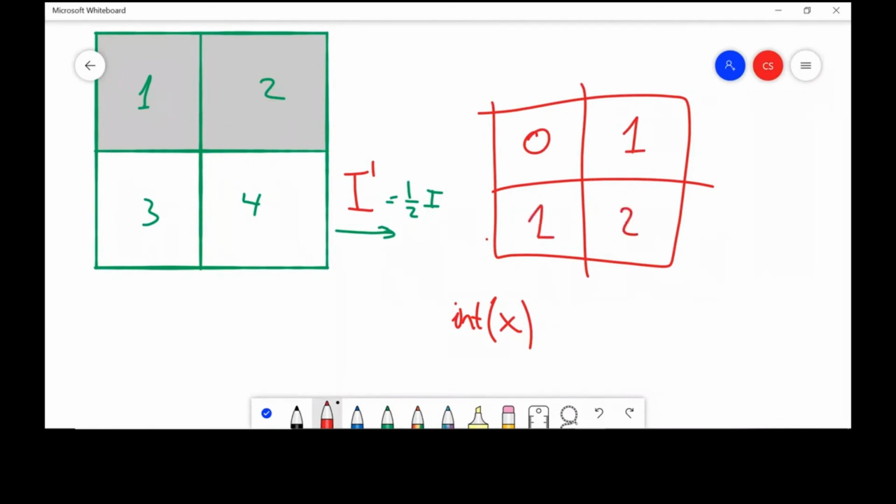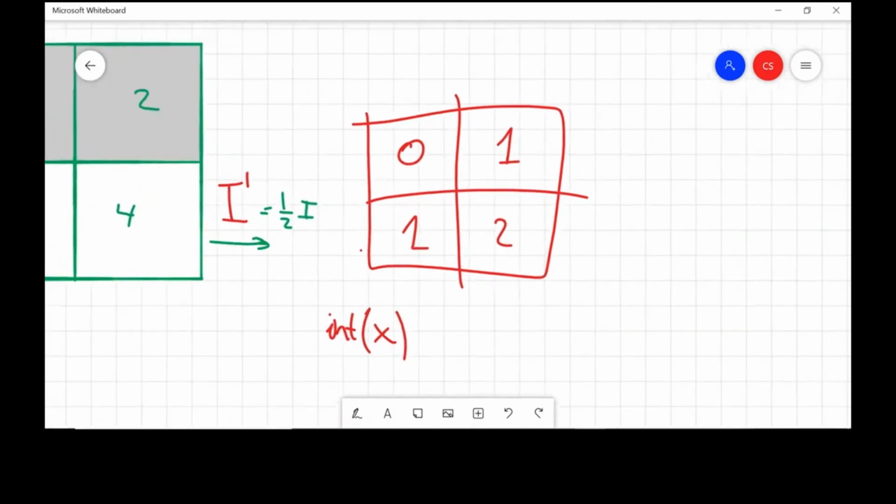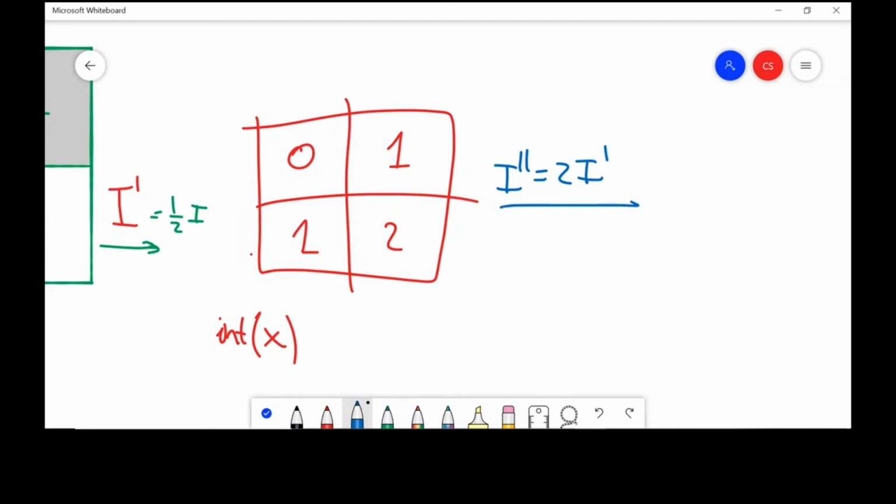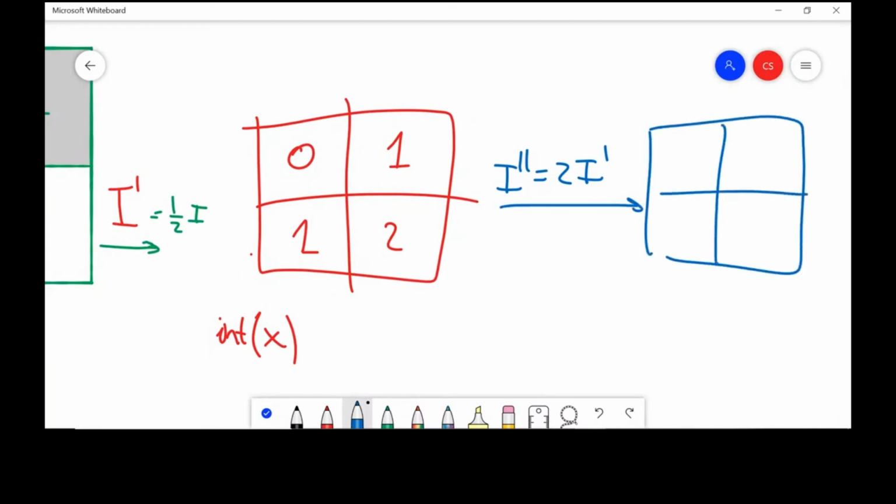And now we construct a new image, the blue one, that is supposed to be like the first one, because we are doing twice I prime. Now we will have 4 pixels in the same way, and now it will be 0, 2, 2, and 4.